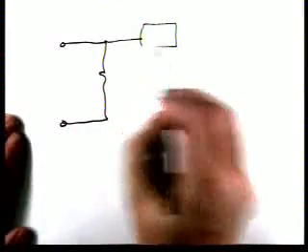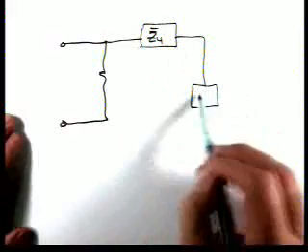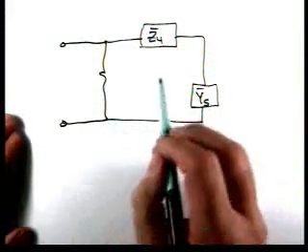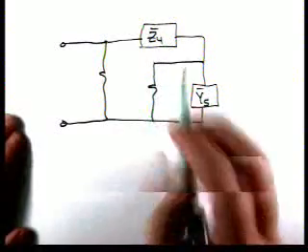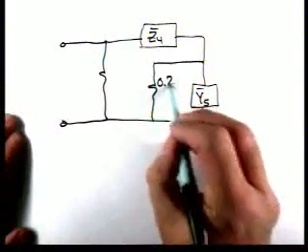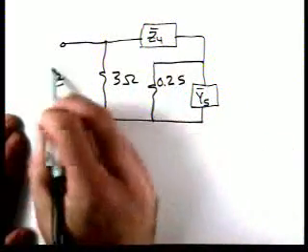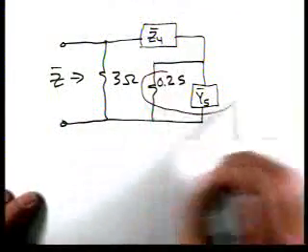Okay, so we got Z4 on the top. Now we have Z5, and that 5 ohm resistor, we're going to go ahead and convert it to a conductance. That'll be 0.2. So now we can combine these two in parallel.